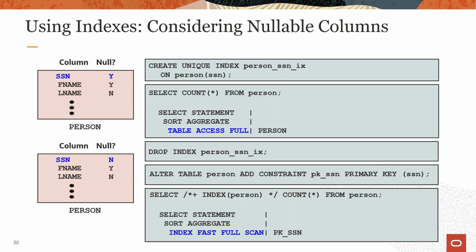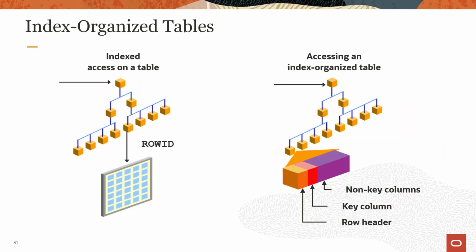And I know that all the values of SSN are inside the index because it's a primary key, so it can never have nulls.